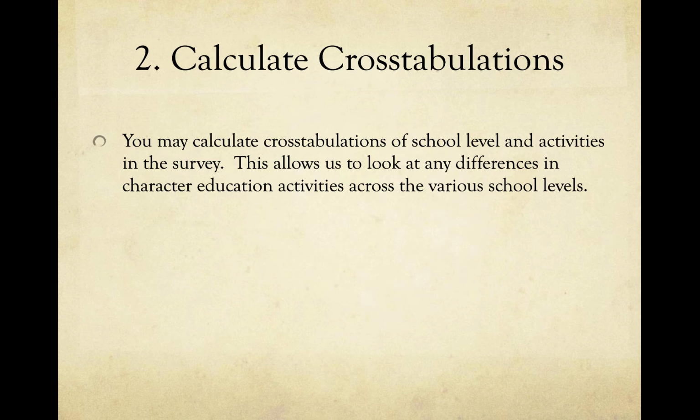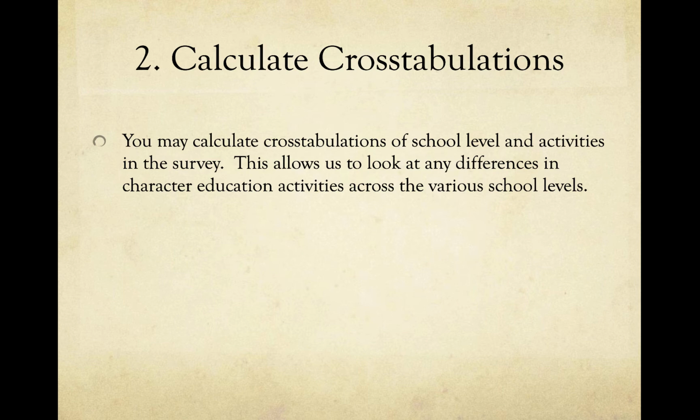All right, and then the next thing we're going to do is calculate crosstabulations. This is probably going to be important in your final project with your client. They're probably going to want to see potentially crosstabulations by gender or race. And so this is a way that we can do that.